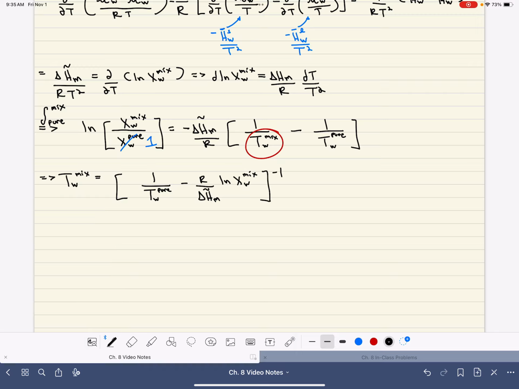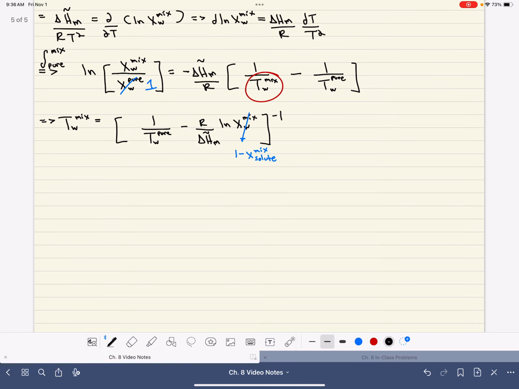That's to the -1. And one last thing I'll do is here, we wrote everything in terms of the mole fraction of water. But of course, we can now write it in terms of the mole fraction of the actual solute in the mixture, based on that mole fraction relationship.